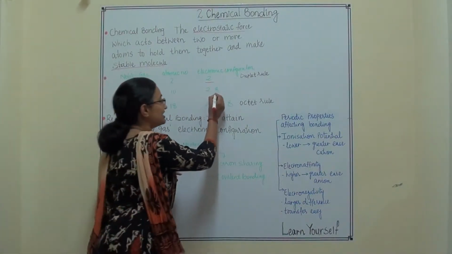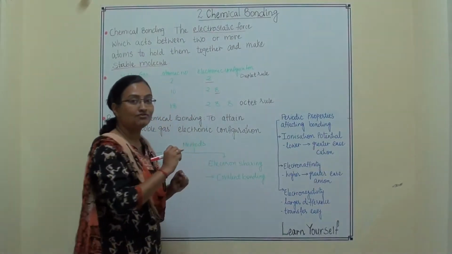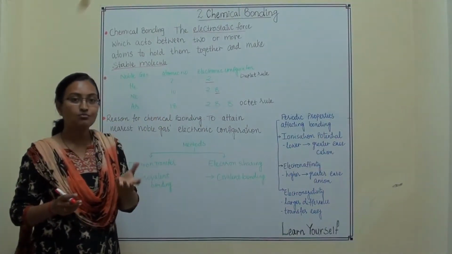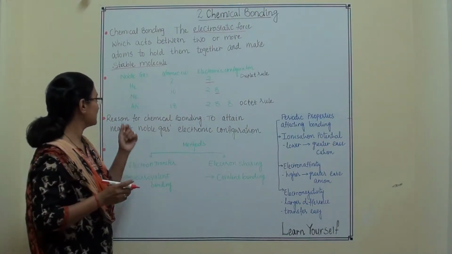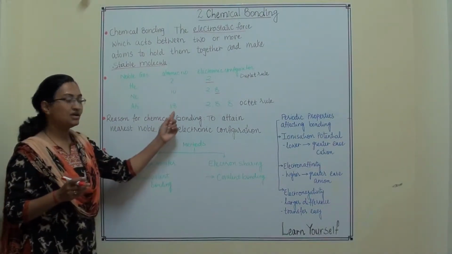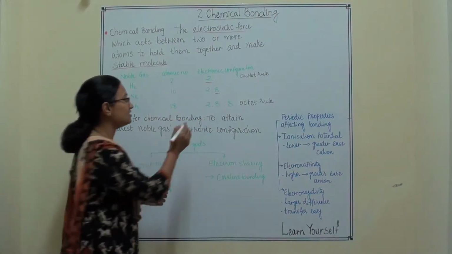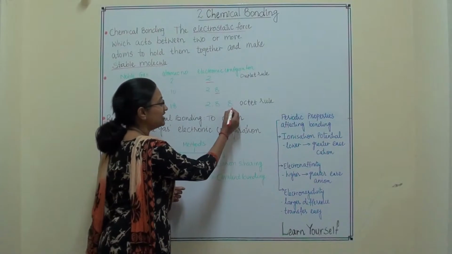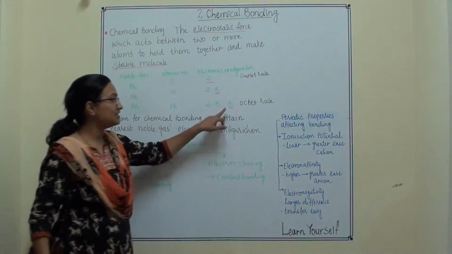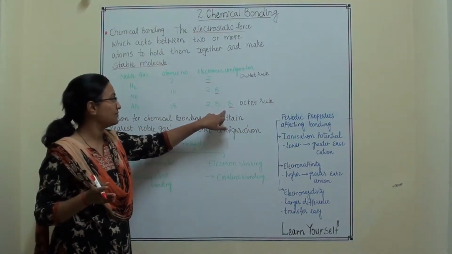Here the valence electron is 8. What is the meaning of valence electron? The outermost shell electrons are known as valence electrons. Then argon. The atomic number is 18 and here the electronic configuration is 2, 8, 8. It also has 8 electrons in its valence shell.